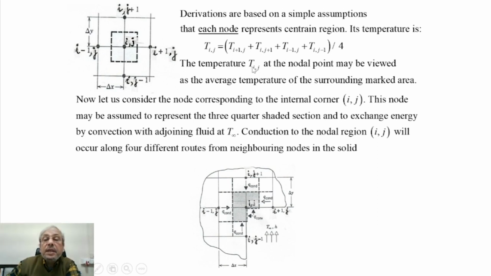The temperature Tij at any nodal point may be viewed as the average temperature of the surrounding marked area.